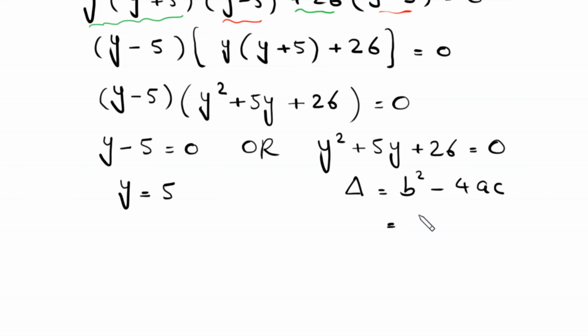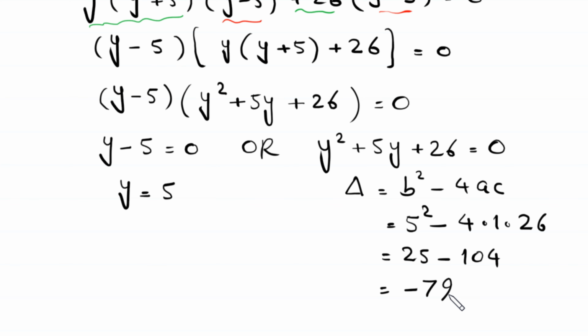This is equal to 5 squared minus 4 times 1 times 26, which is 25 minus 104, so negative 79. So the discriminant delta is less than 0. It means no real solutions can be found from this equation. So we accept only this value of y, 5.